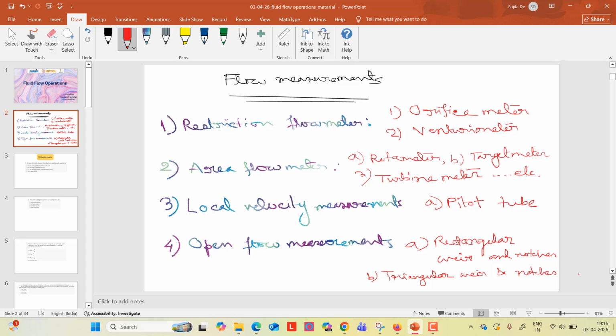Okay, so these are the basic instruments or equipment you can use to measure the flow parameters. Now we'll see one by one.